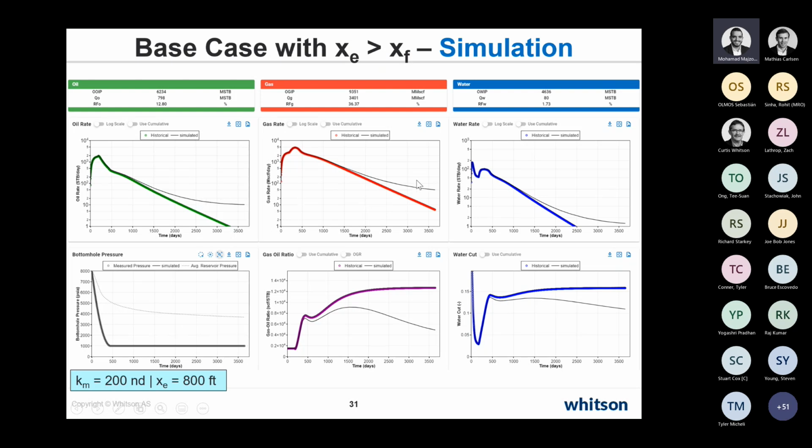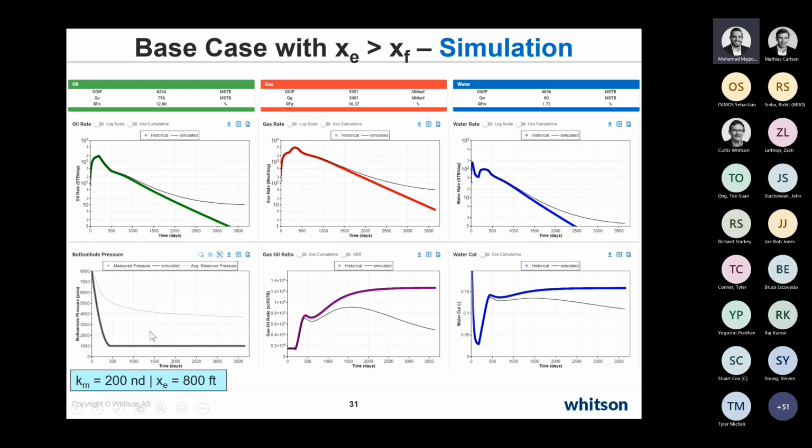So this is what you see: more rate coming from the volume beyond the frac tips, and also a lower GOR and a lower water cut actually. That may be another item for discussion as well.